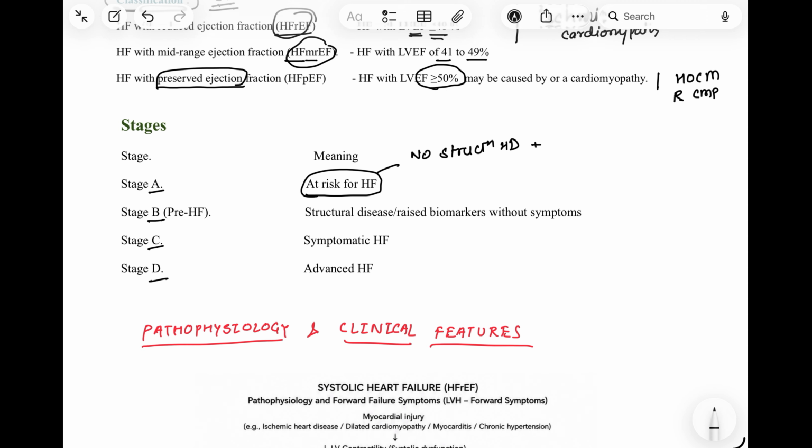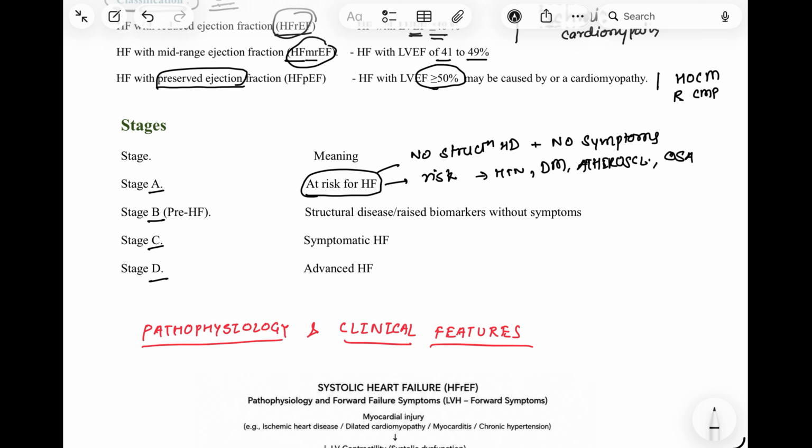Also, there are no symptoms. There are just risk factors. And what are those risk factors? These are hypertension, diabetes mellitus, atherosclerosis, and OSA, right? So these are the risk factors associated with stage A.